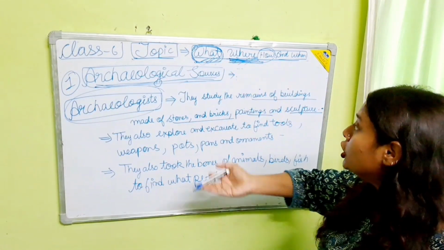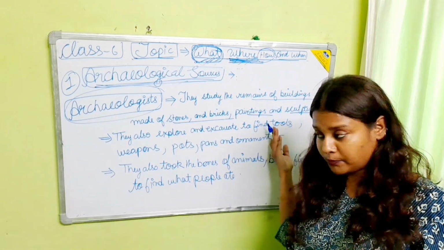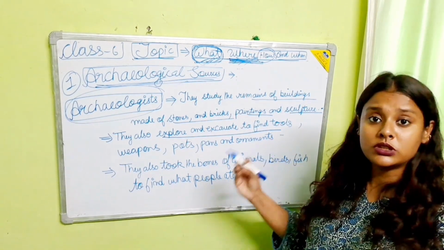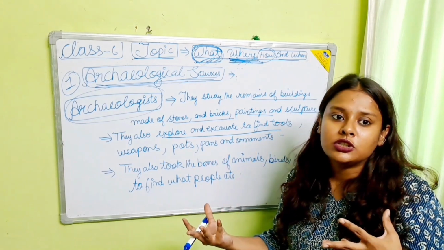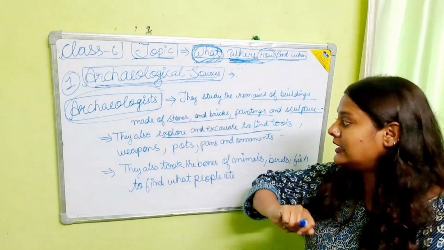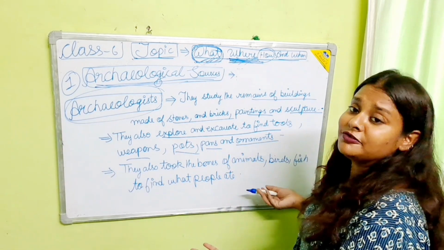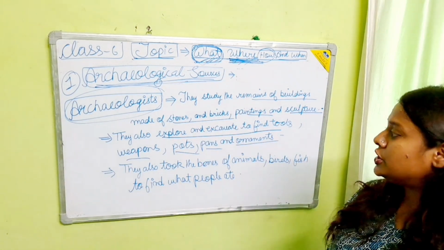That can be a monument or the remains of buildings. They also explore and excavate to find tools, like the various Harappan civilization tools that were found. Then weapons, pots, pans, ornaments, they study these.